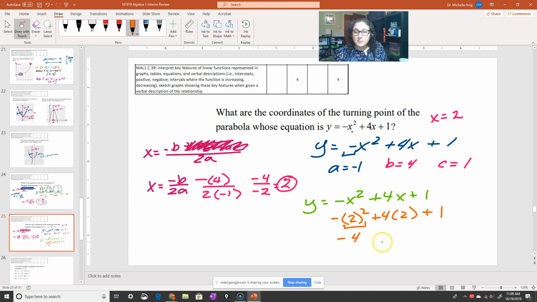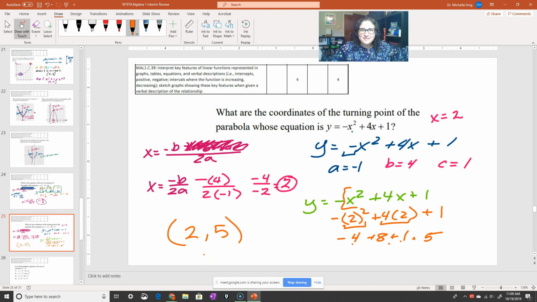Then the negative comes out. Notice how I kept this in parentheses. I didn't do -2 squared, I did the opposite of 2 squared. This becomes -4 plus 8 plus 1. -4 plus 8 is +4, plus 1 is 5. So my coordinates, 2, 5, done.